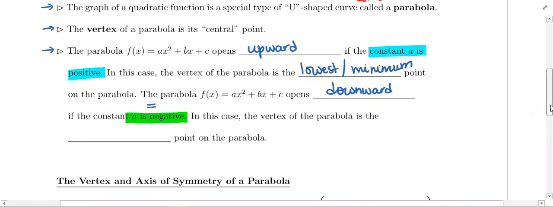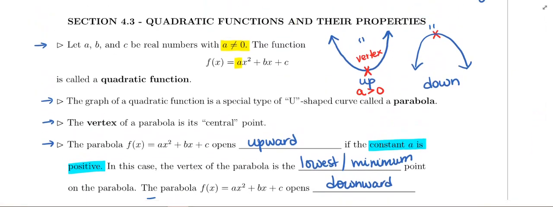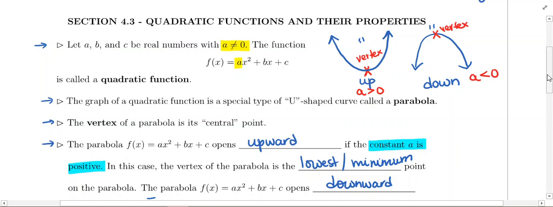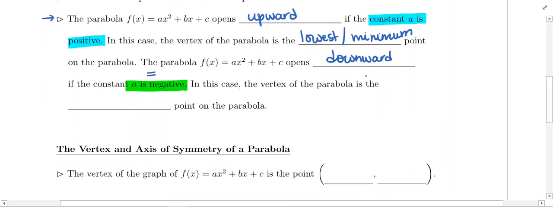So going back up here and looking at the downward opening parabola, we know the x is the vertex, but since it's downward opening, that means if you had the equation, the a value, the number in front of x squared, is going to be less than 0 or negative. In this case, the vertex of the parabola is going to be the highest or the maximum point on the parabola.